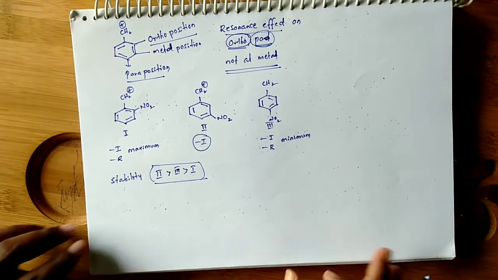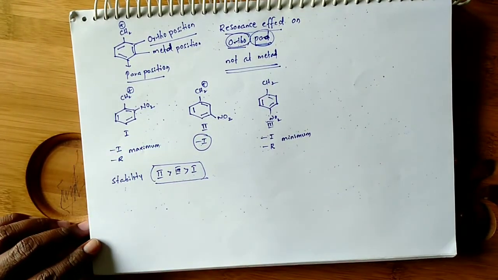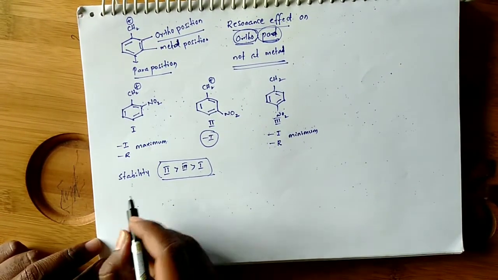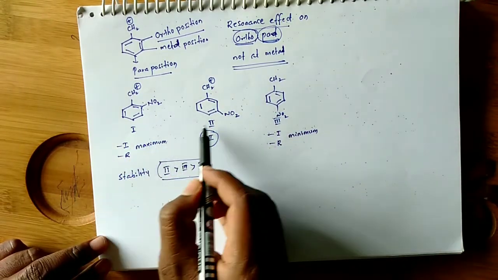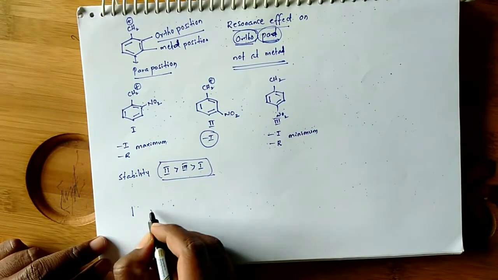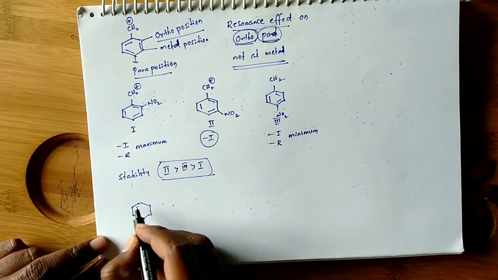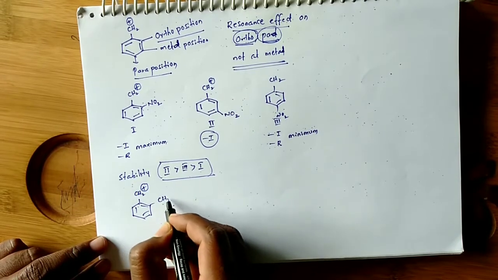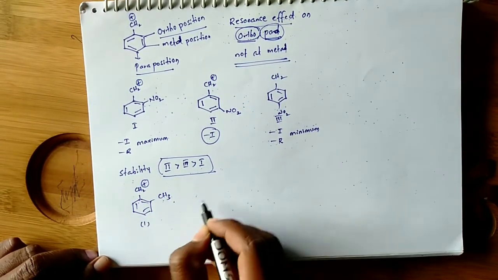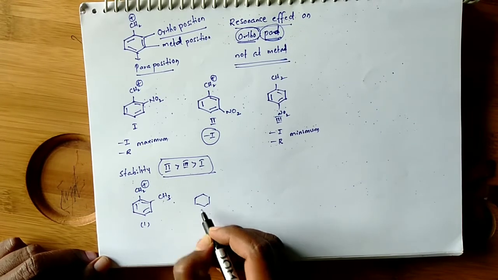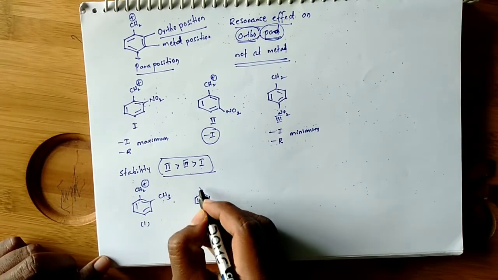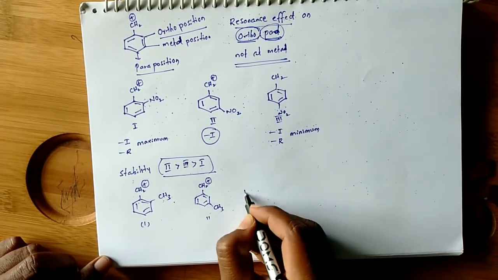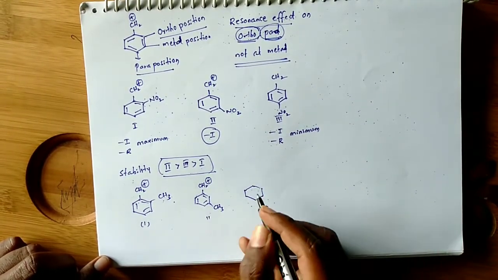Suppose an electron donating group is present on this benzyl carbocation. Let us see. This is when the electron withdrawing group is present. Now I am taking the benzyl carbocation with an electron donating group, a methyl group, which is generally an electron donating group, at the ortho position, at the meta position, and at the para position.